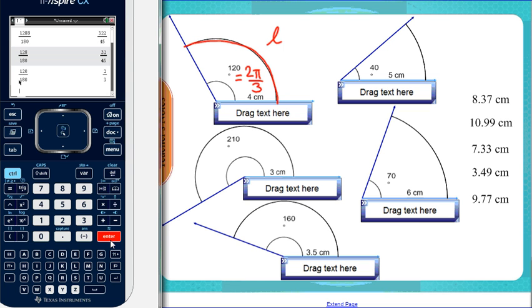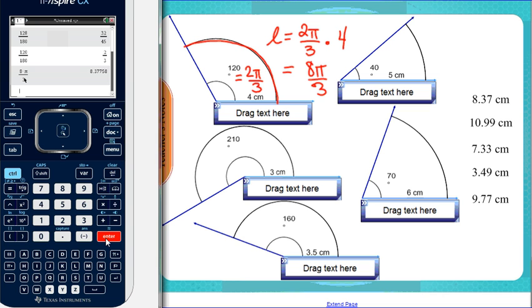So the arc length is going to be 2 pi over 3, which is theta in radians, times the length of our radius, which is 4. So arc length is going to be 8 pi over 3, or if we want to write that as a decimal, we can do 8 pi divided by 3, and if we use a control equals sign, then it gives us a decimal. So that's 8.38.